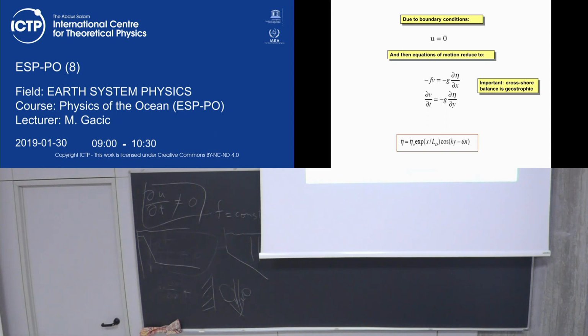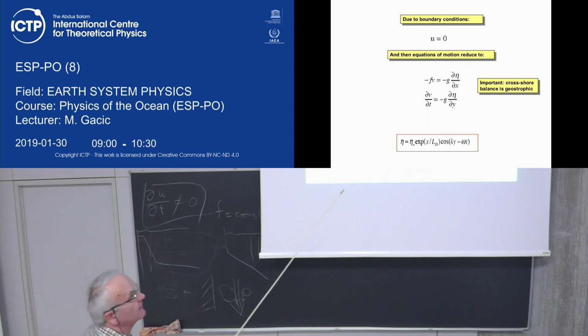The velocity perpendicular to the coast is equal to 0. In the y direction, there is no Coriolis term, because u is 0. So this is a very simple set of two equations.